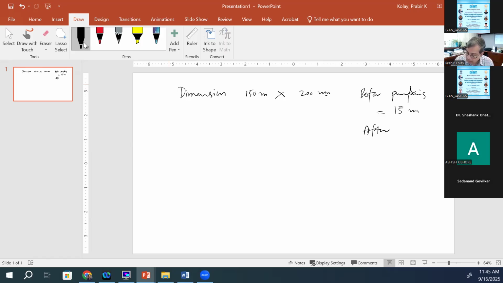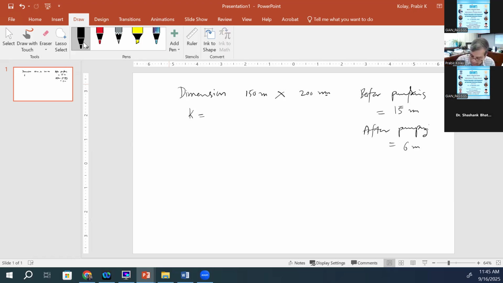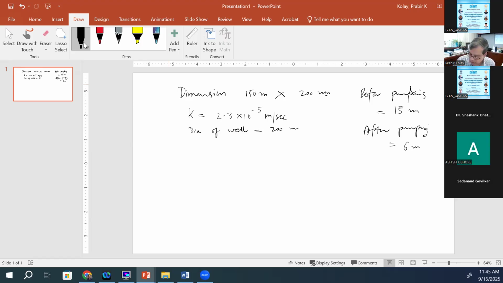After pumping, it is 6 meter. The permeability of the soil K is 2.3 times 10 to the power minus 5 meter per second. And the diameter of the well is 200 millimeter. We need to find out the number of wells required.